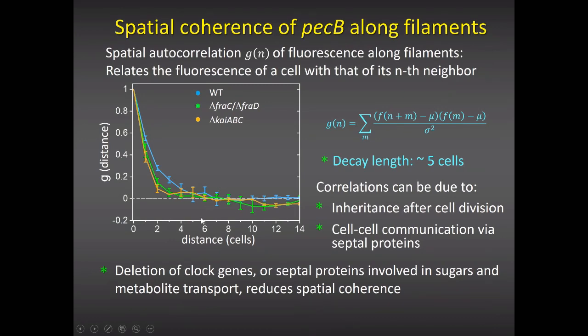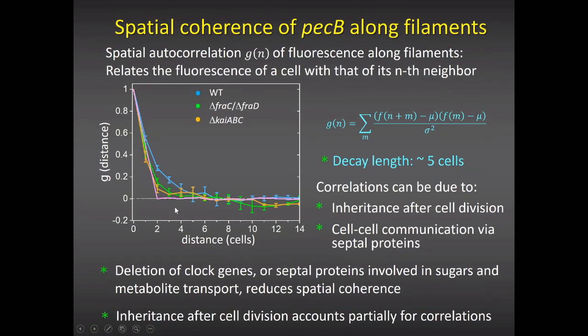So deletion of clock genes or septal proteins involved in sugar and metabolite transport reduces spatial coherence. In addition, for comparison, we show in pink the correlation that we would expect solely from inheritance after cell division, obtained from simulation. And as you can see, the inheritance after cell division accounts partially for the correlations.